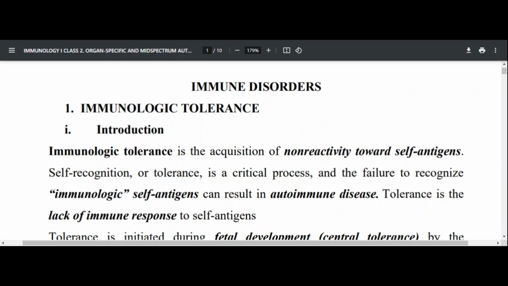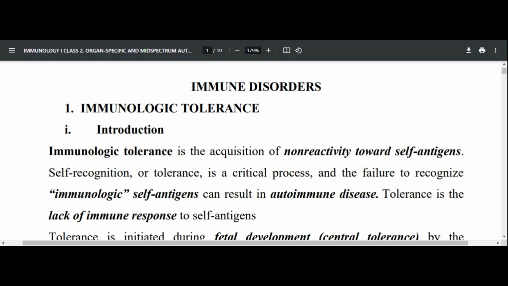Self-recognition, or self-tolerance, is a very important process, and failure to recognize immunologic self-antigen can result in serious autoimmune disease. So autoimmune diseases are a result of lack of immune tolerance to the self-antigen.